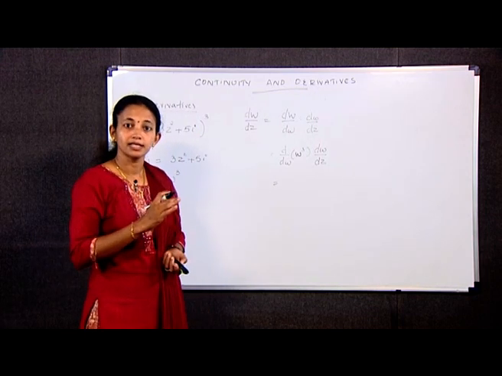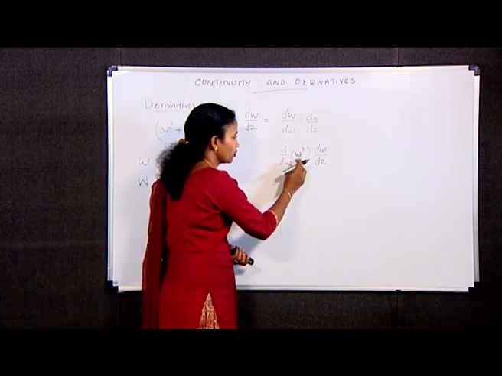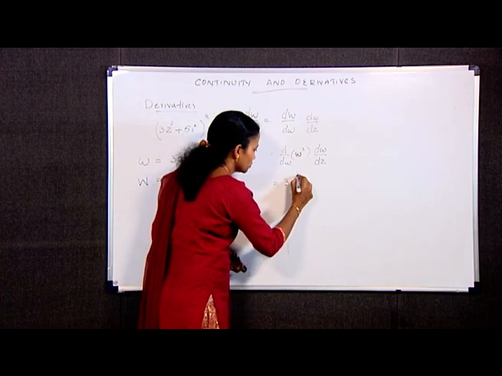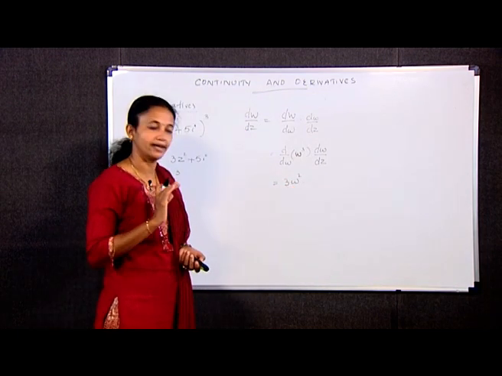This we can write as 3w square into dw by dz.